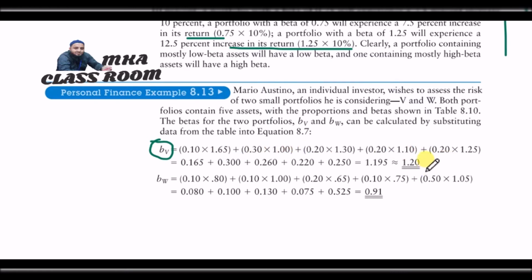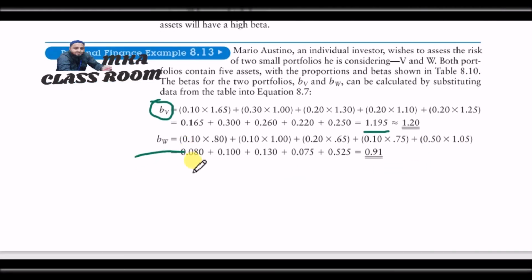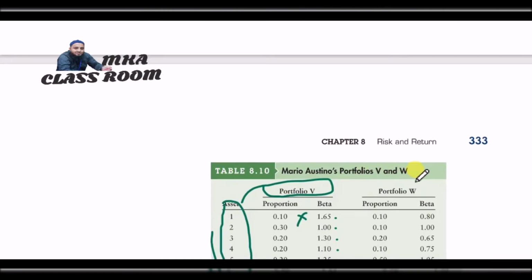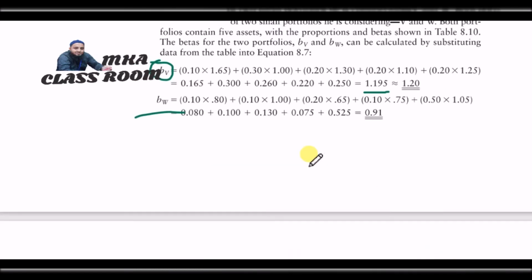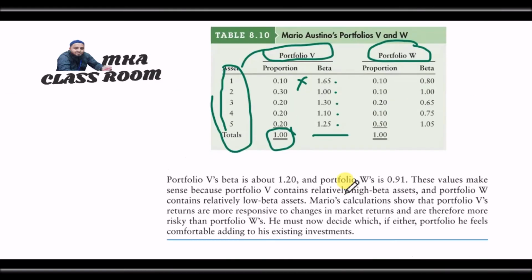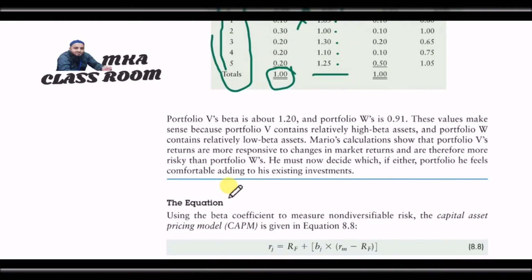So from the calculations, the portfolio beta is 1.195, or about 1.20. In this way the beta of portfolio W can be calculated, which is 0.91. So you can see.